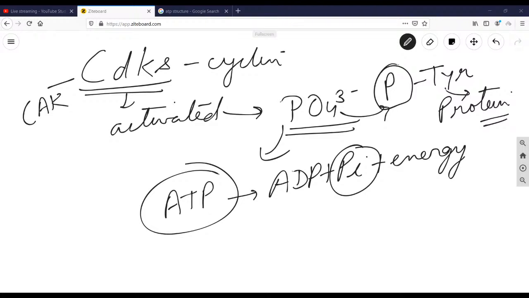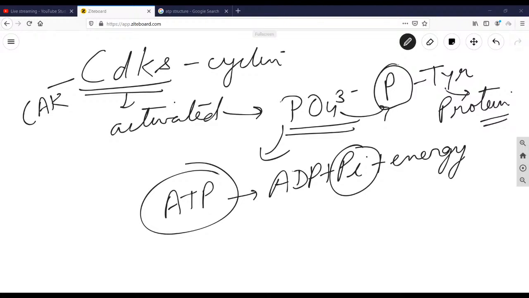One of the most important substrates of the G1/S phase cyclin-CDK complexes is CDH1. If you remember, last time I had given you the specific details in a tabulated way.